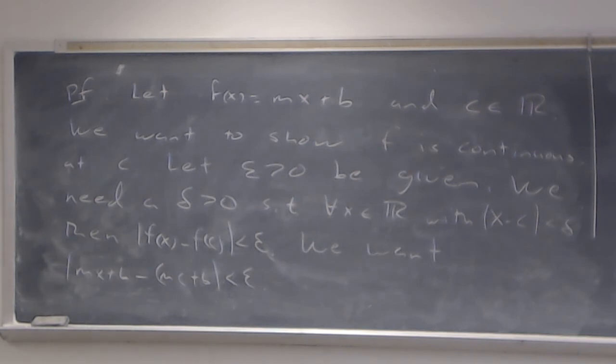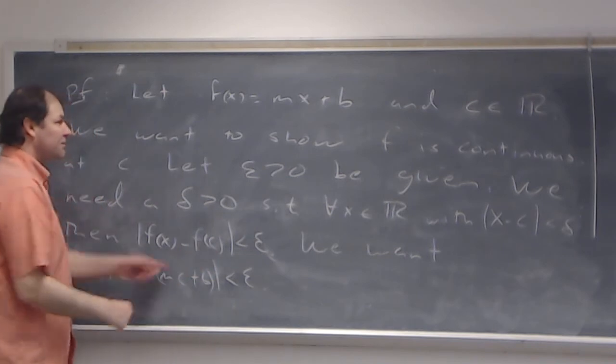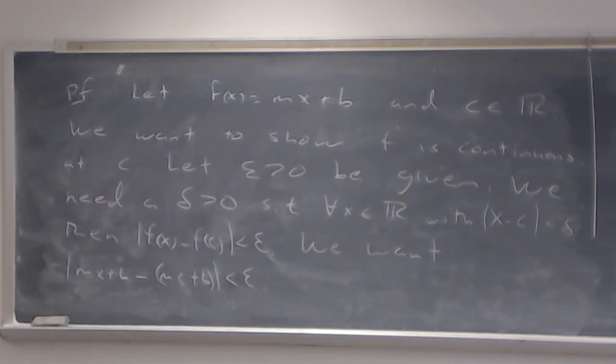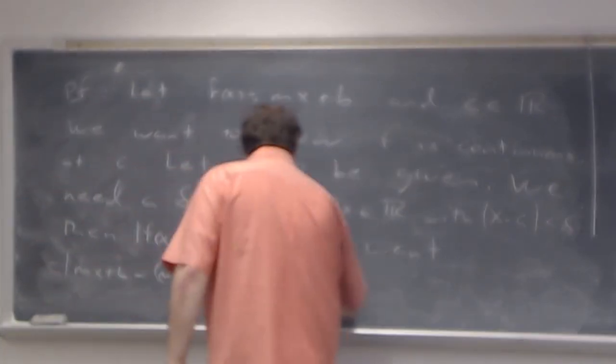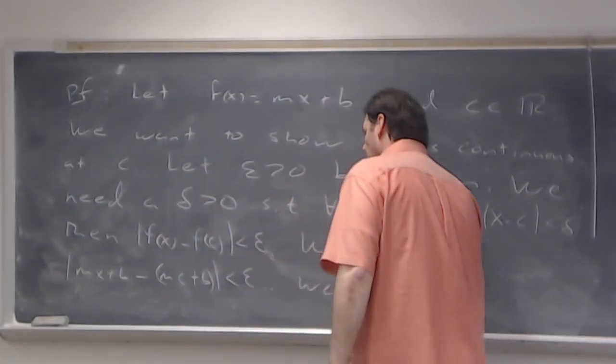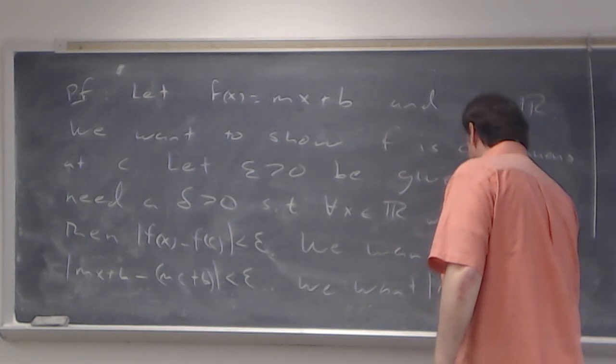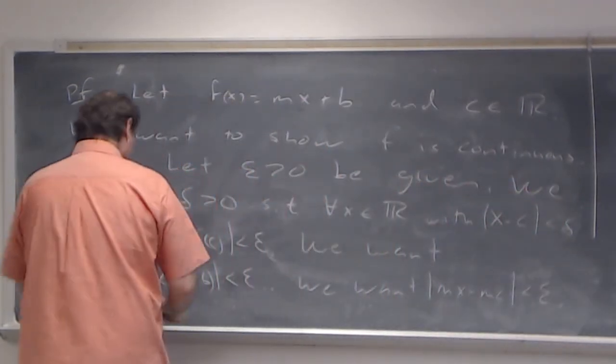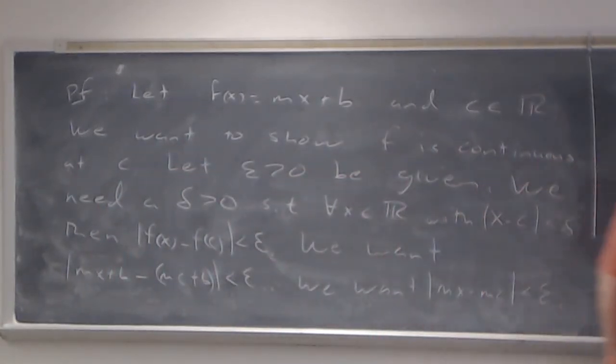Mx plus b, that's definitely f of x. What's f of c? Well, you just replace the x by c. So we want absolute value of mx minus mc to be less than epsilon, because the b minus the b would cancel each other.